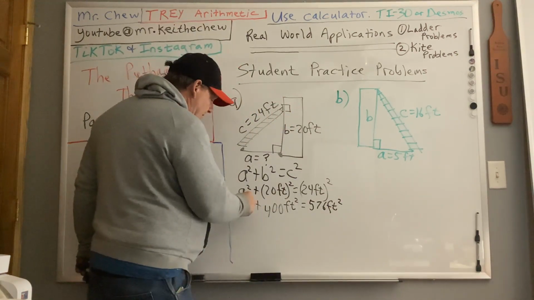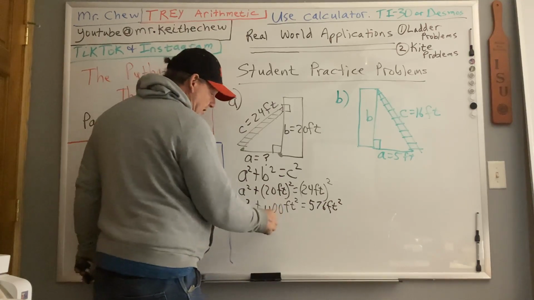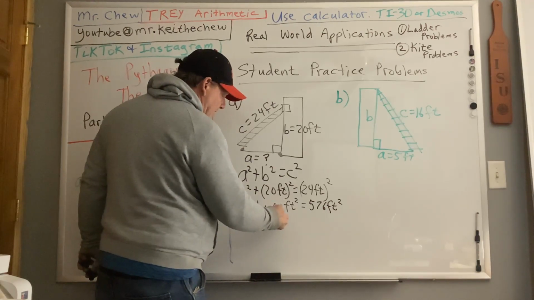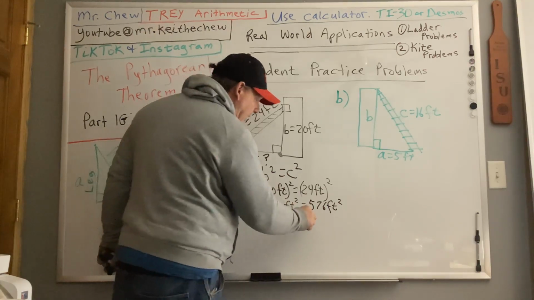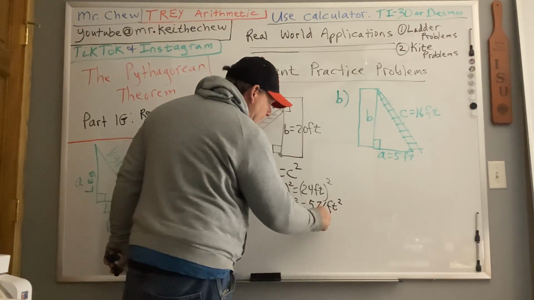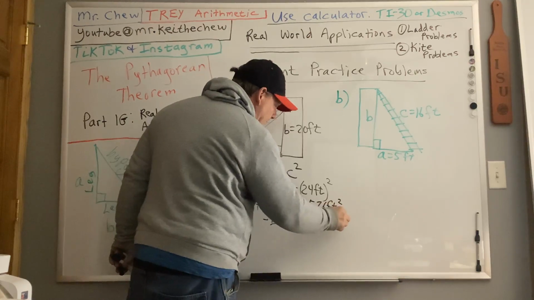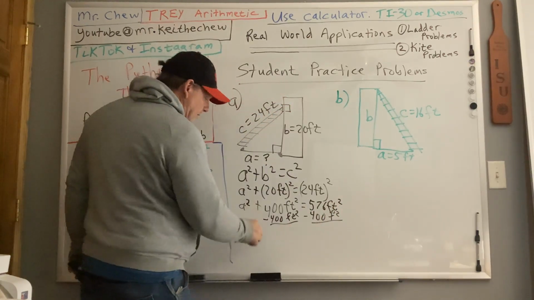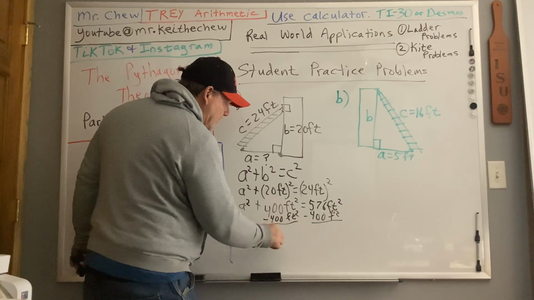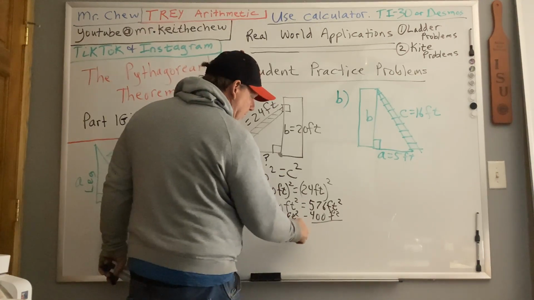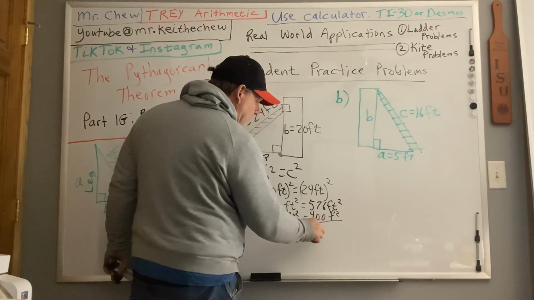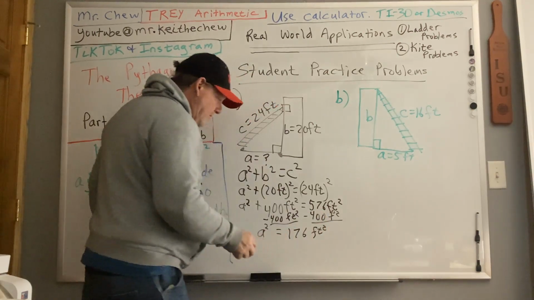I'm going to solve this by subtracting 400 feet squared from the left and the right. So this is A squared equals 176 feet squared.